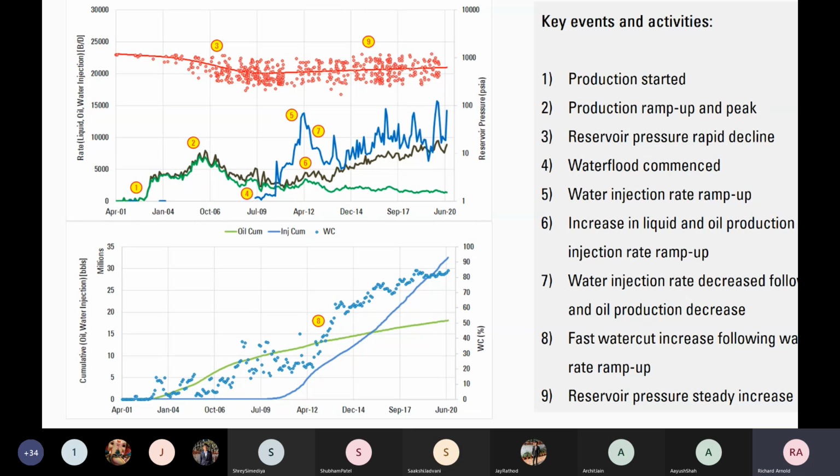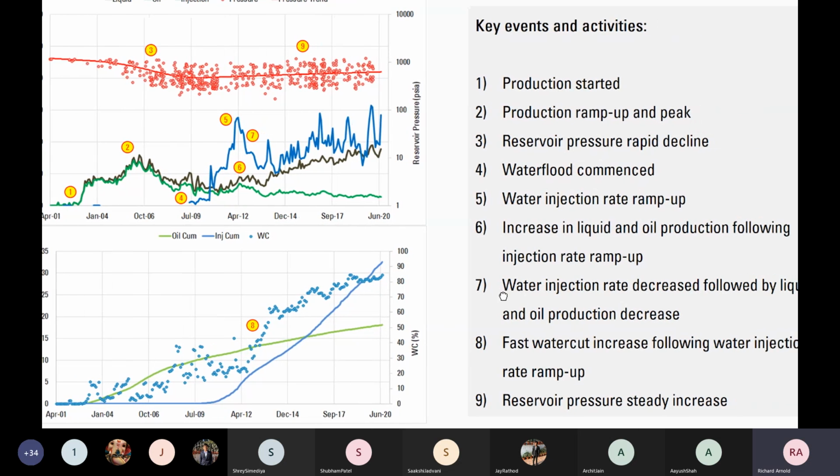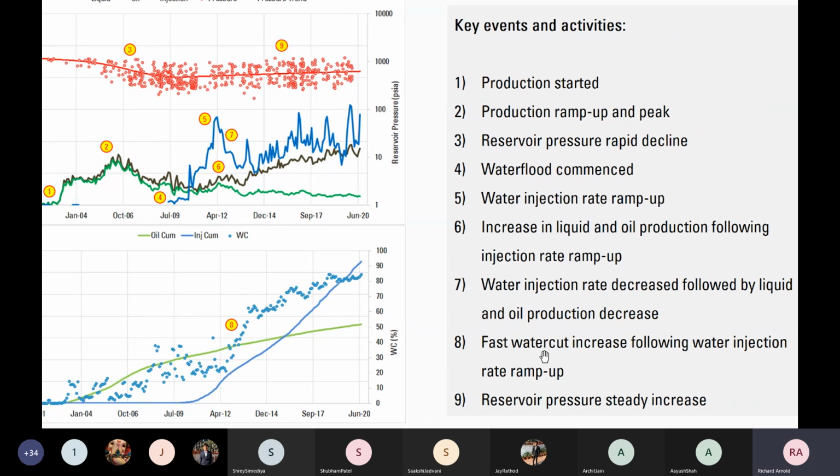So we need to be careful there. Of course, if you increase your injection, it will give you higher production. But what about the water cut? Water cut is our enemy actually. We don't want it to increase rapidly. So this is the problem here. Water cut increased rapidly at number 8.